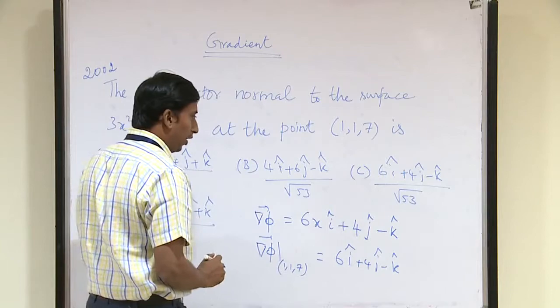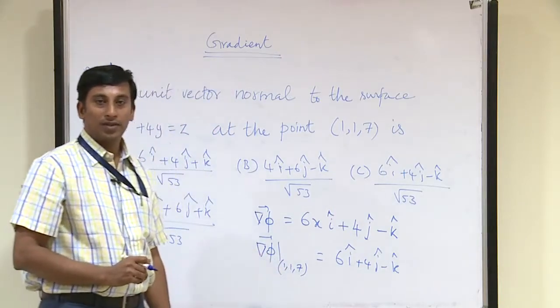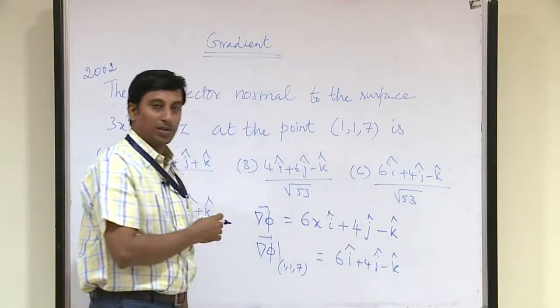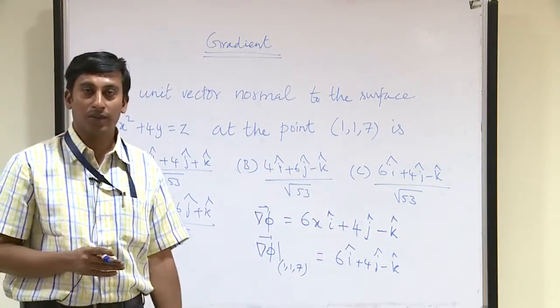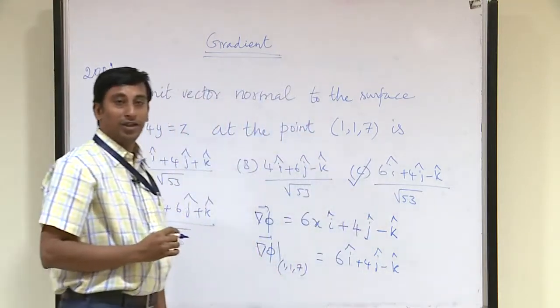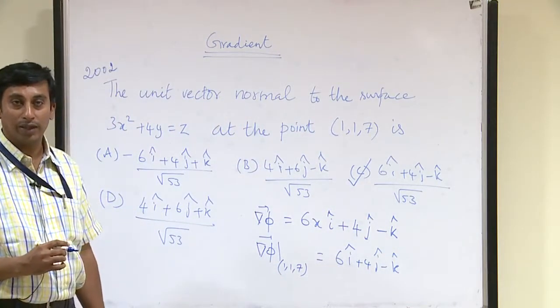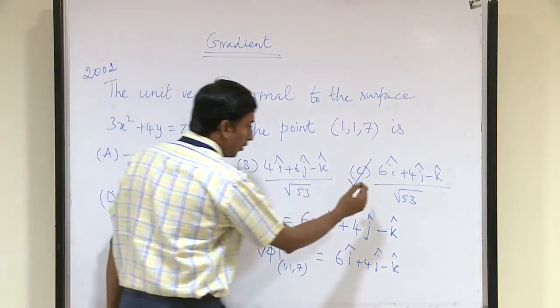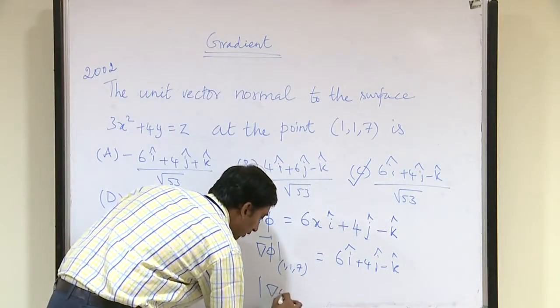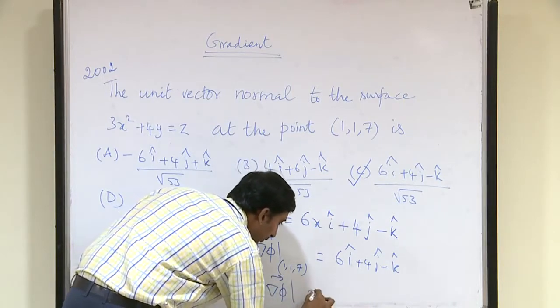But what do you want to find? You want to find the normalization factor. Here they have not given you vectors normalized and unnormalized together, otherwise that would have confused you. Here it is easier for you to choose this answer even without evaluating the modulus of the gradient of phi. But you can verify for yourself. What is the modulus of grad phi at this point?